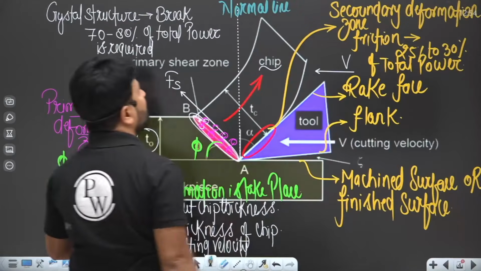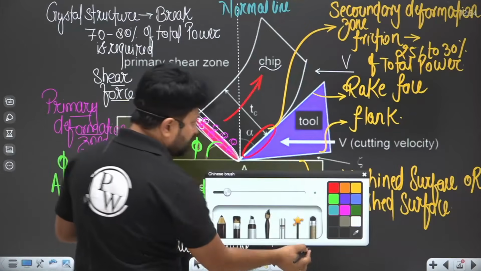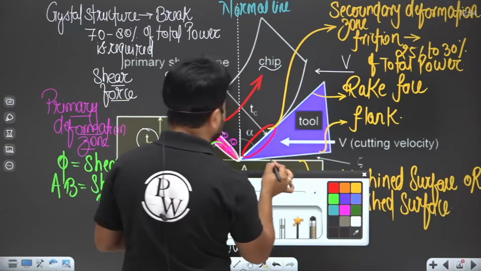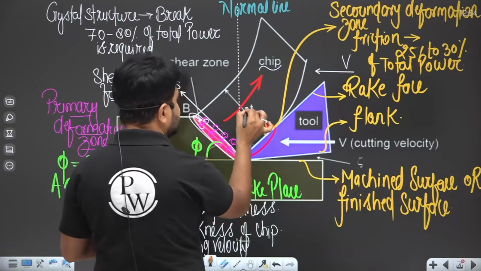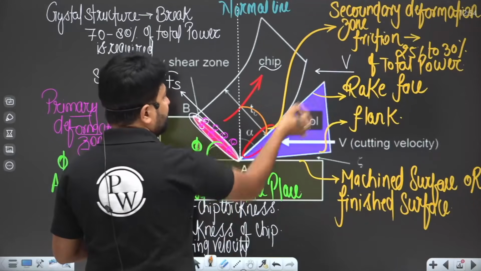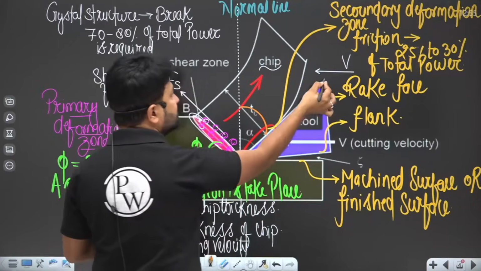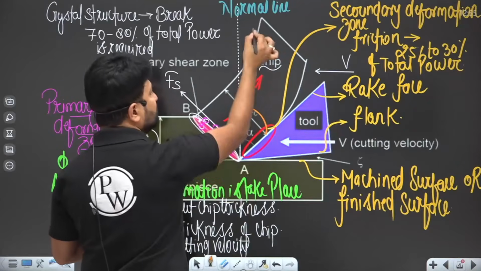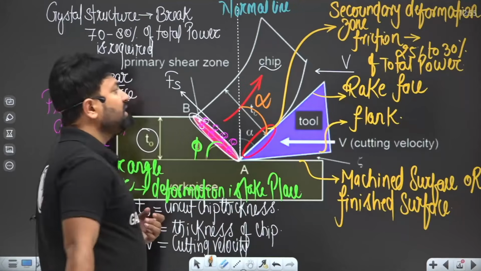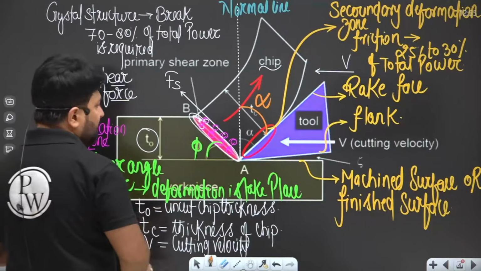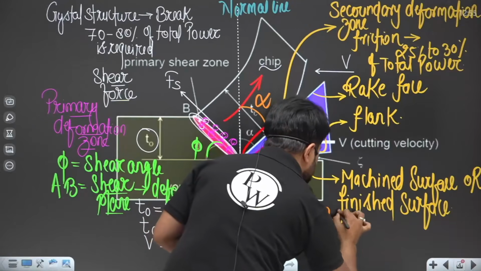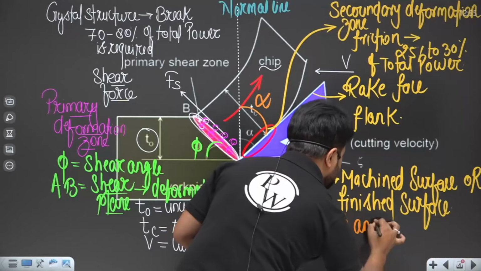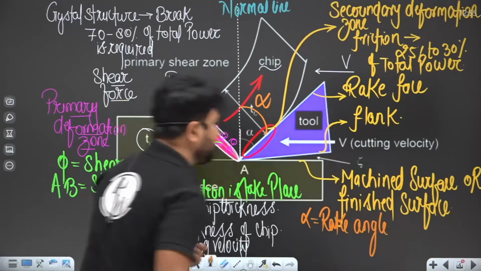Now, the angle which is made by the rake face from the normal line is called a rake angle. So alpha, my dear, here alpha is the rake angle, right?